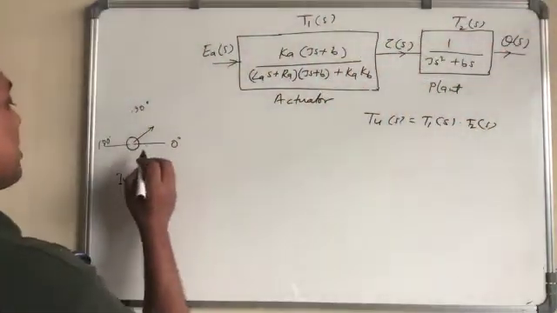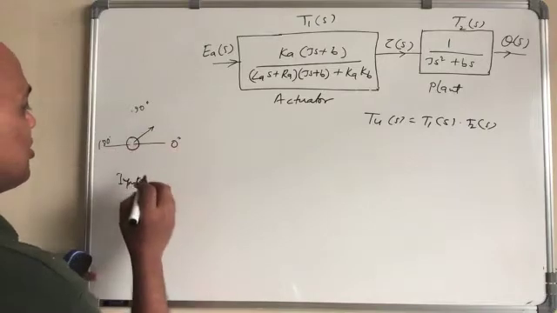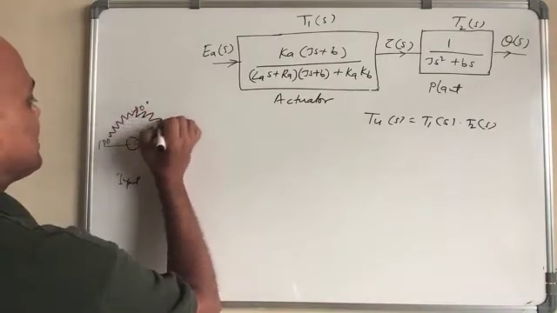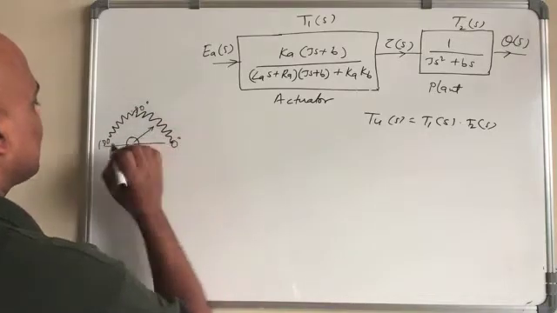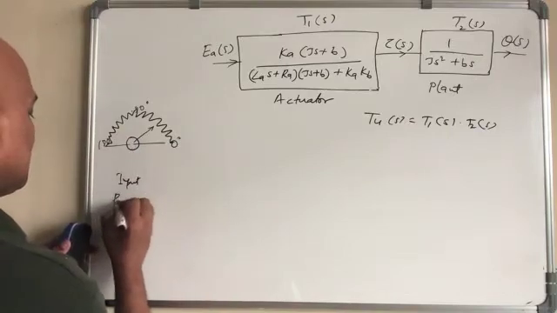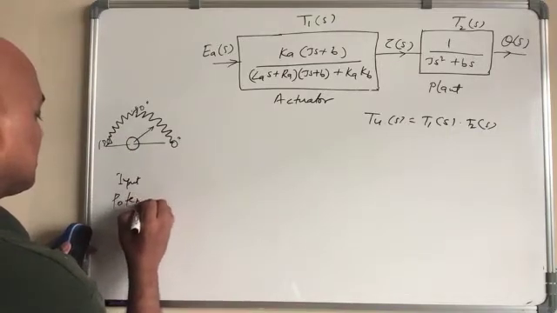For doing that, of course, you will have a kind of potentiometer here. Say this is a resistance like this one. So this is the input potentiometer.